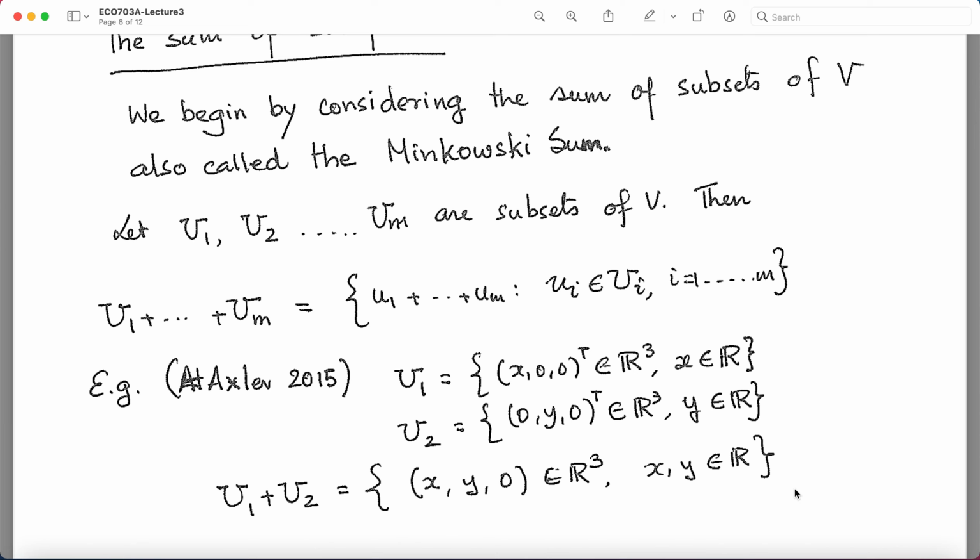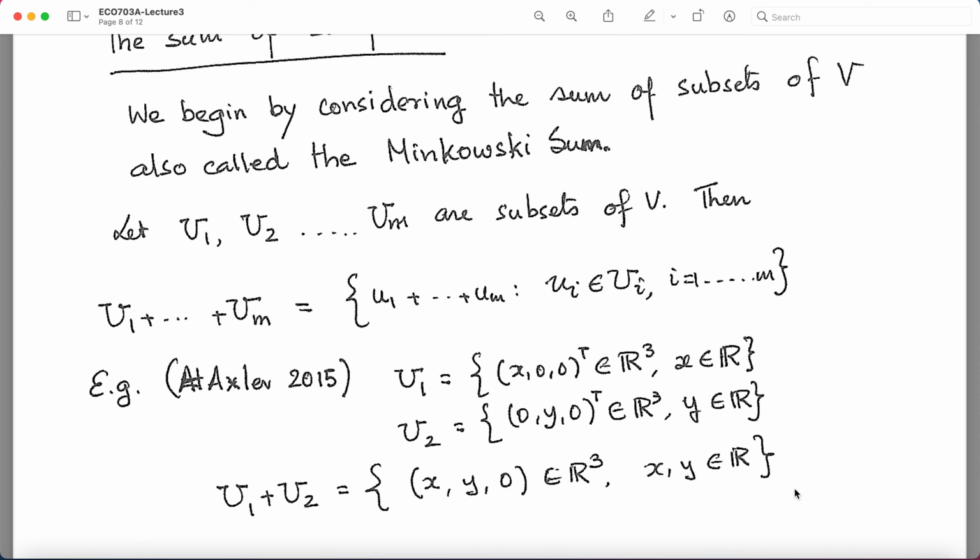Suppose we have subsets of V; we are not talking about subspaces, we are saying these are subsets. Now, what is the meaning of adding them up? This is called the Minkowski sum, after the famous mathematician Hermann Minkowski from Switzerland, who was also a teacher of Einstein in Zurich.